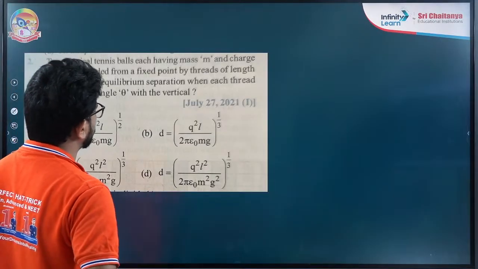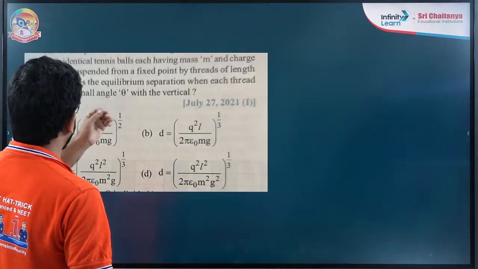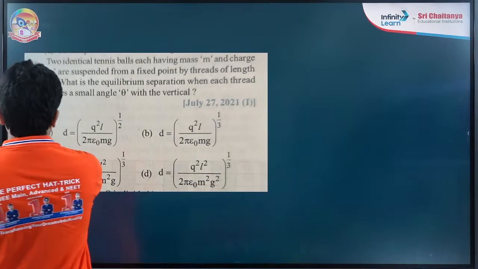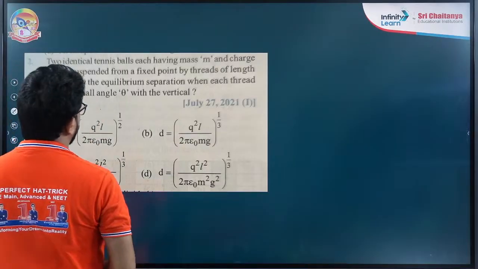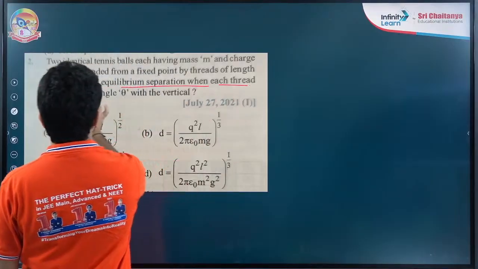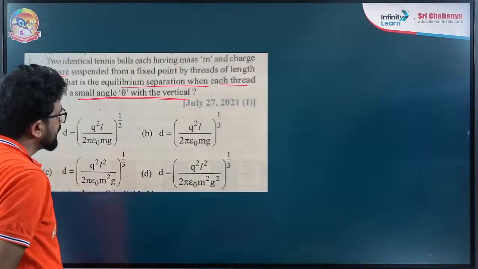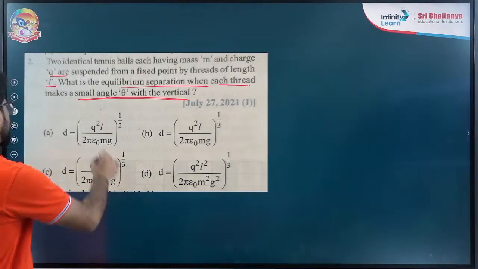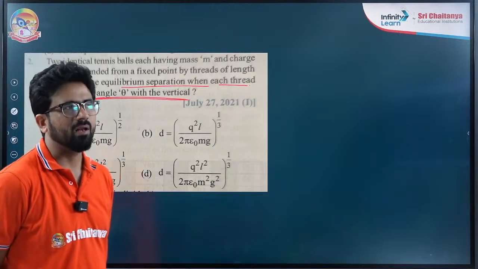Each has mass m and charge q, suspended from a fixed point by threads of length L. Charges are equal. What is the equilibrium separation between them, each thread making a small angle theta with the vertical? Theta is small. It is a very simple question we can solve.